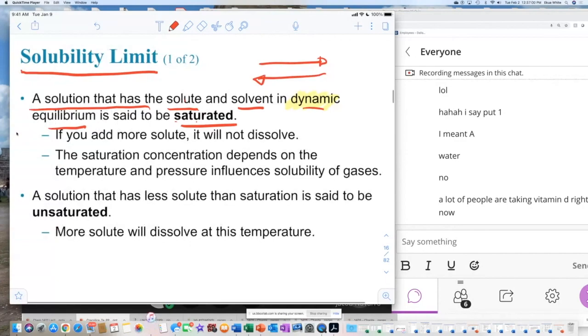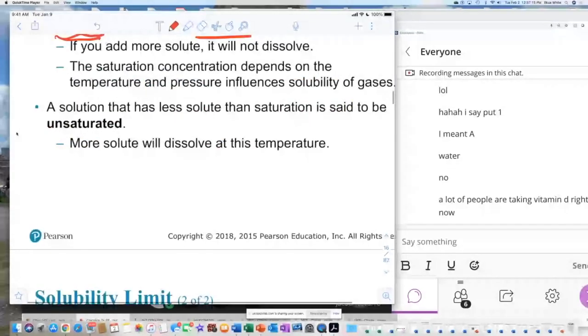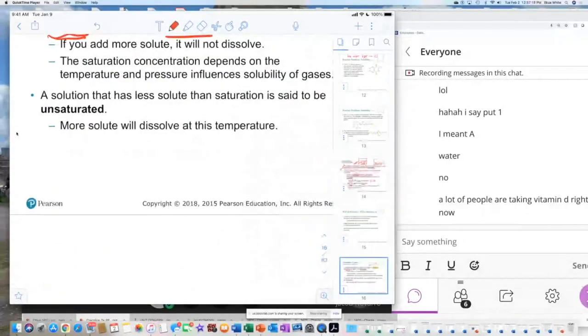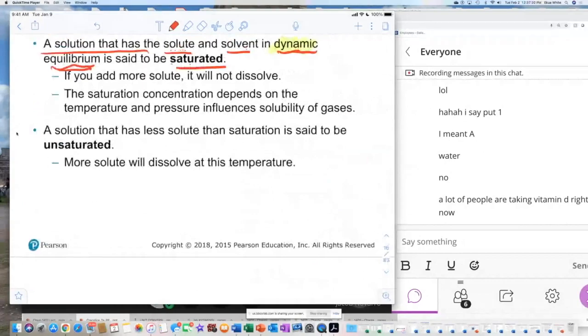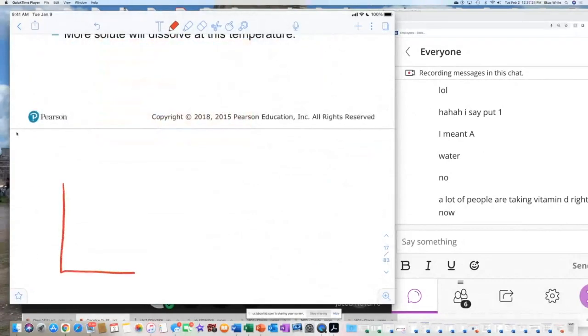So you have just enough solute in the solvent for equilibrium. That means movement. Let me describe this from the point of view of movement when you're making a solute and a solvent into a solution.